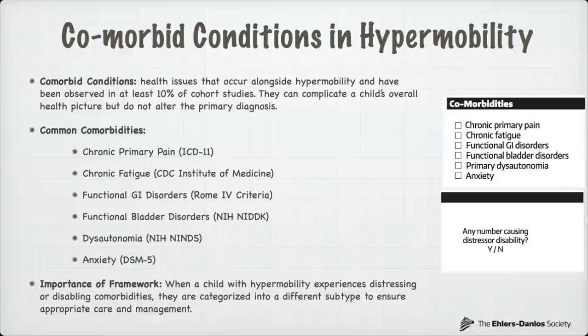So stay tuned, because we will continue talking about comorbidities and how to assess this without seeing all the specialists that are required to identify these conditions. When a child with hypermobility experiences distressing or disabling comorbidities, they are categorized into a different subtype to ensure appropriate care and management. So we will be reflecting on this when we diagnose children.